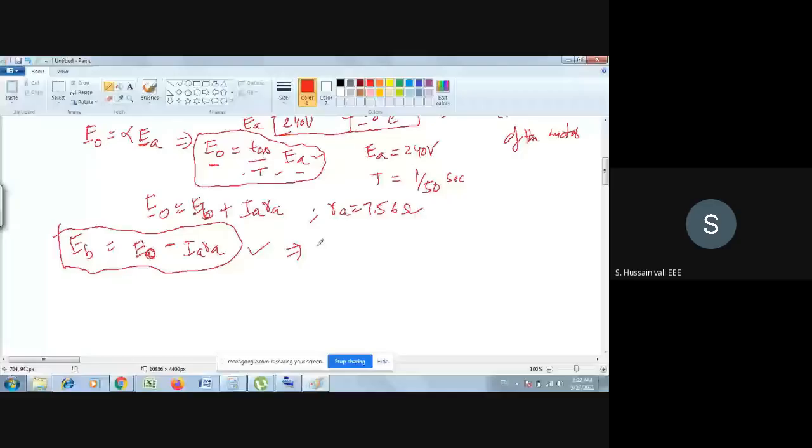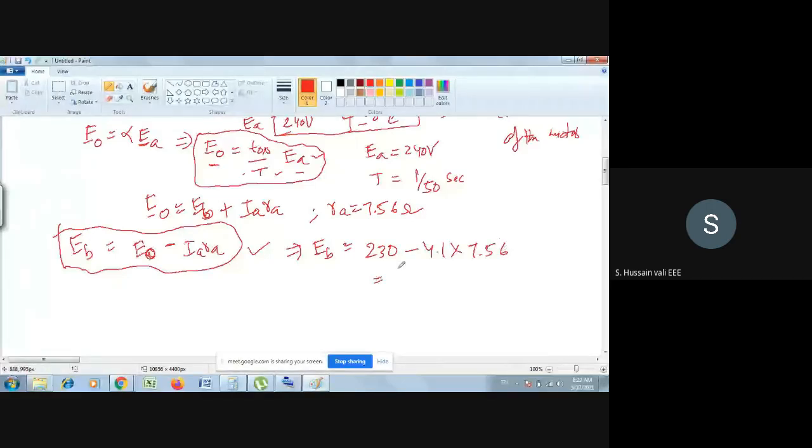So EB is equal to E naught. What is E naught? E naught is the input to the motor, 230 volts rated value, minus the current 4.1 ampere that he has given, into 7.56, the RA value. Then how much will you get here?